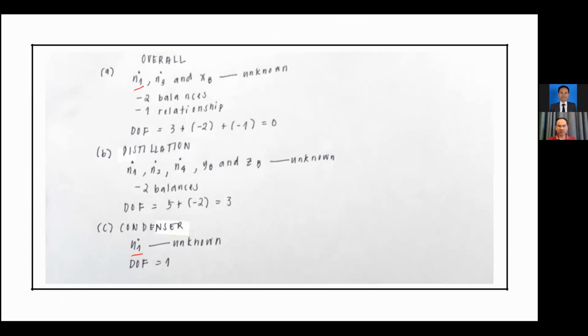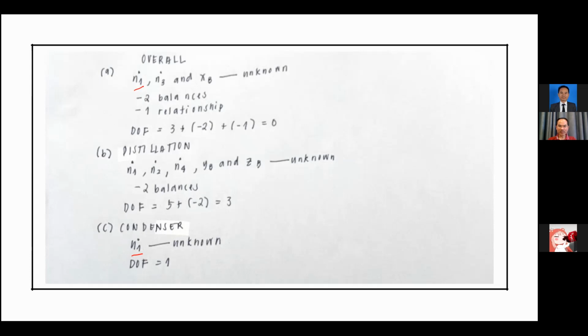We have 2 components and 1 total mass balance. We have 3 equations, but only 2 independent equations, right? And also we have 1 relationship. What is the relationship between the toluene and the benzene?